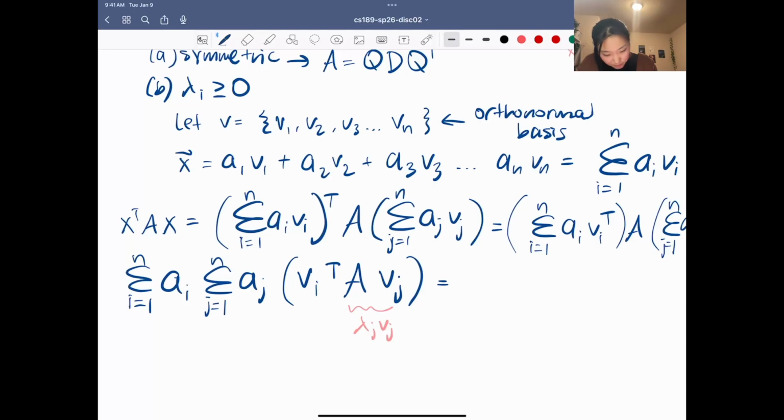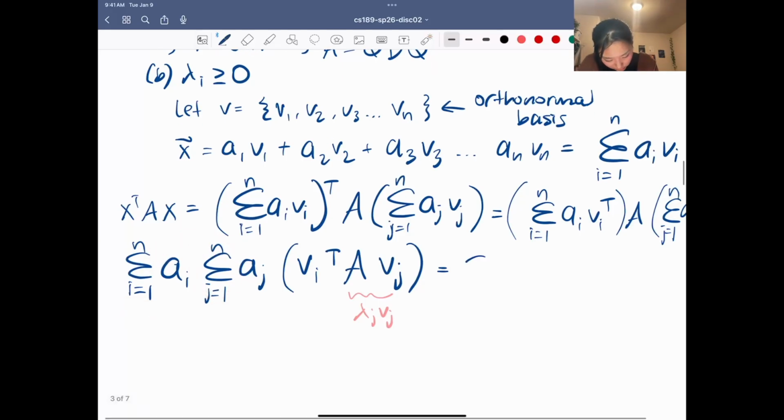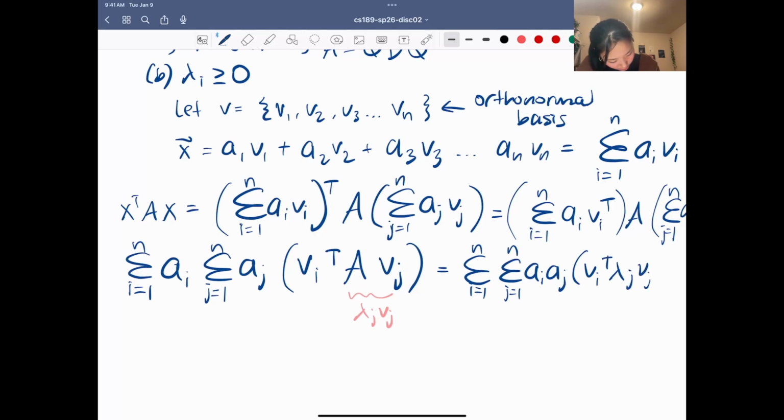Writing this out again, we can also just reorder the summations. It doesn't change anything. I'm just going to move this summation over so it looks nicer. This is equivalent to the summation i equals 1 to n, j equals 1 to n of ai, aj, and then we have vi transpose. And here's where we replace the A vj with lambda j vj.